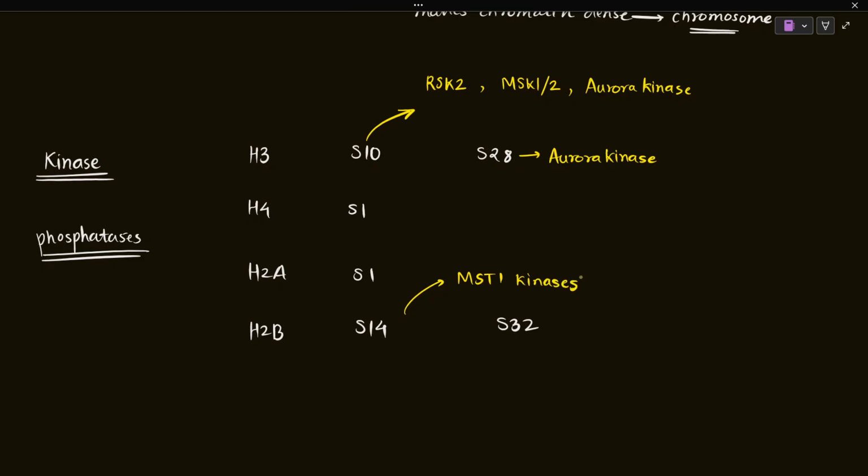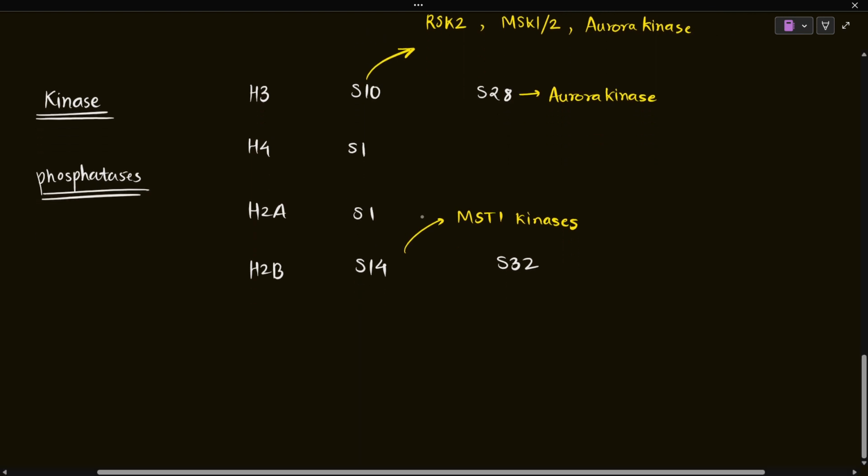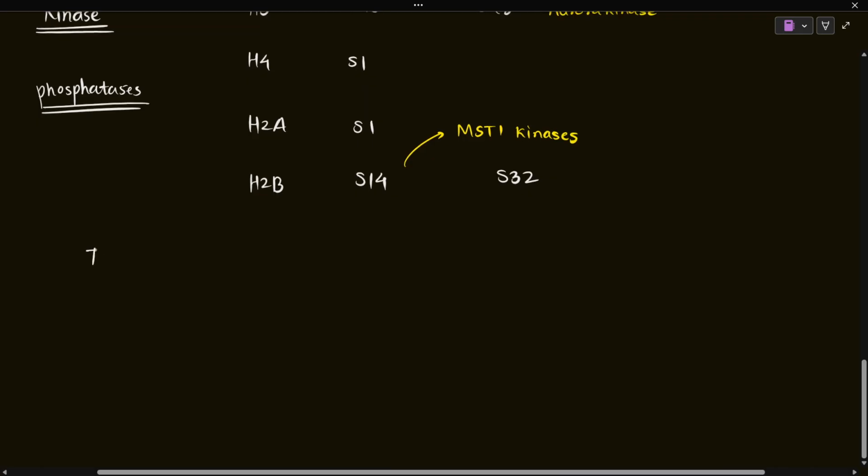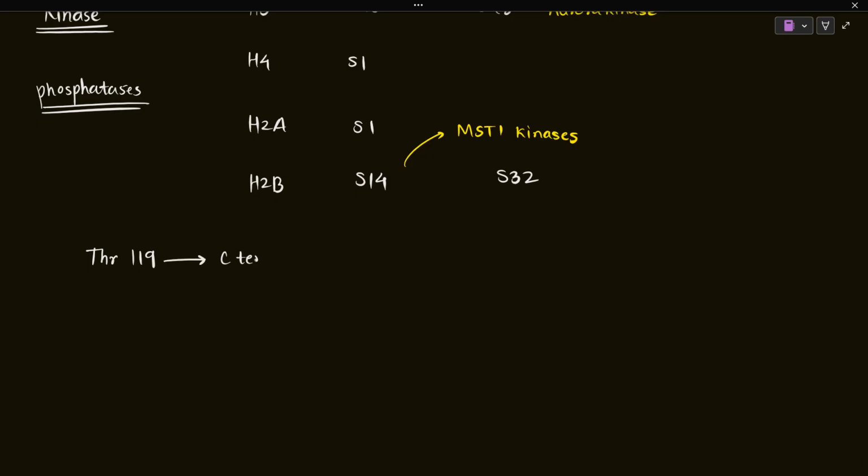You don't really need to learn all of the names of those kinases, but if you can, then you should. So those are the different enzymes that do this on serine. Now on threonine, the 119th residue of threonine doesn't lie on the histone tail, but on the C terminal of the histone. I guess this was discovered in Drosophila first.